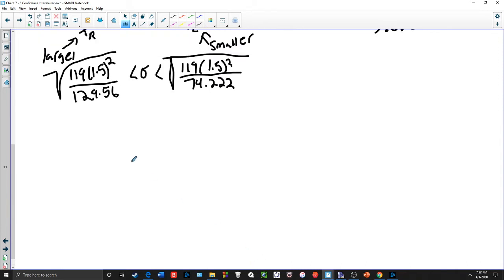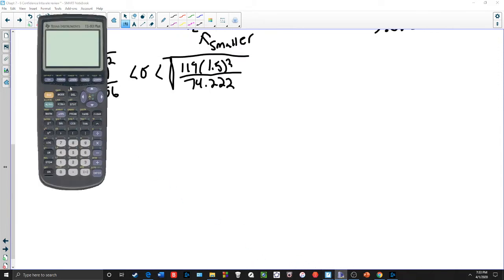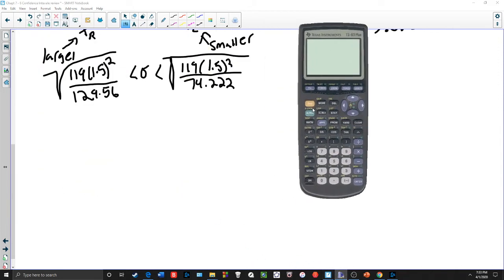So now I can go ahead and do this in my calculator. Square root, clear. Square root of 119 times 1.5 squared. Actually, I should probably do it like this. I'm really a stickler about my parentheses here.